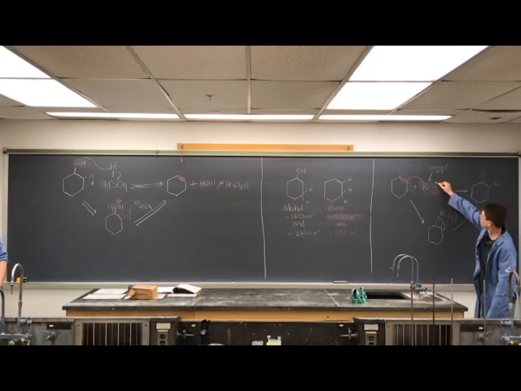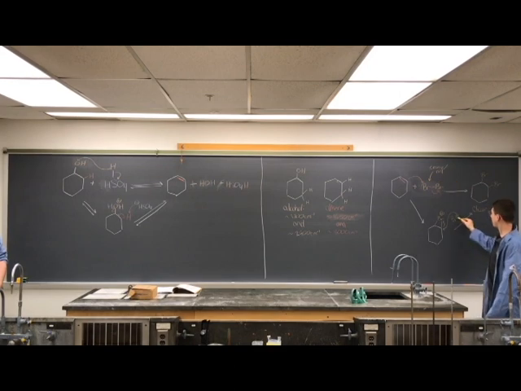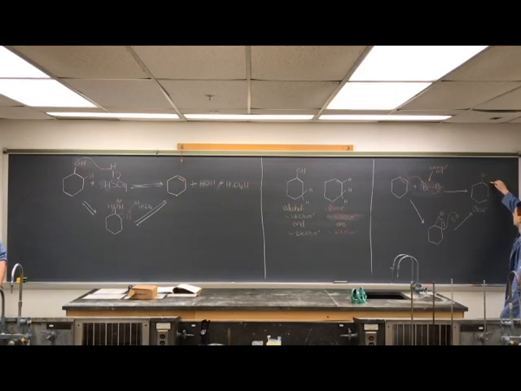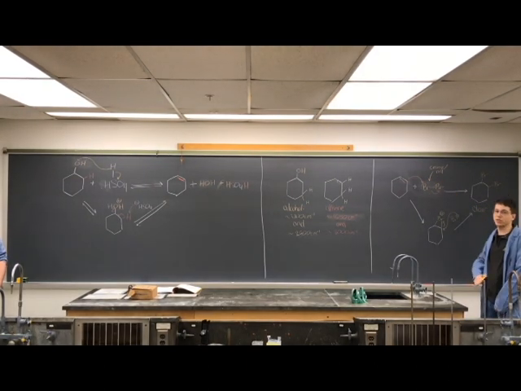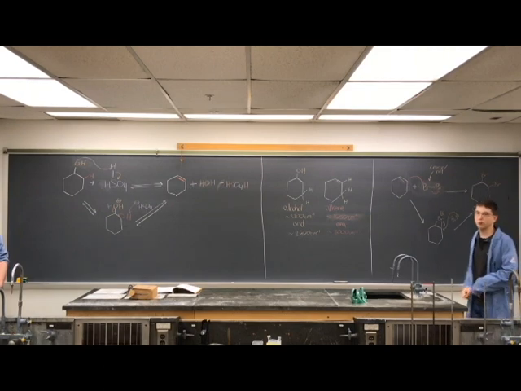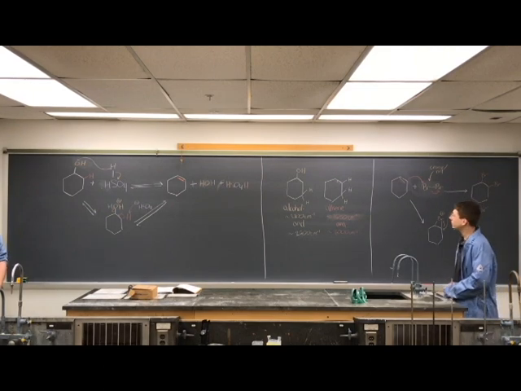When you make this bromide ion here, it's going to come back and add as a nucleophile, and then you're going to get a dibrominated product. And this is going to be clear, whereas the bromine solution is orange or red. So that's how we're going to have two different types of characterization for our product.